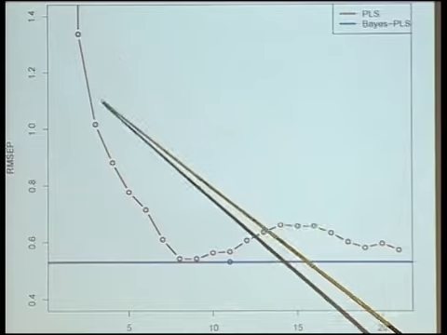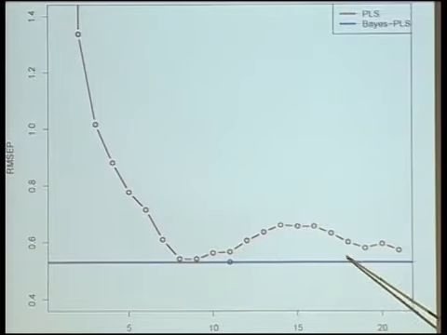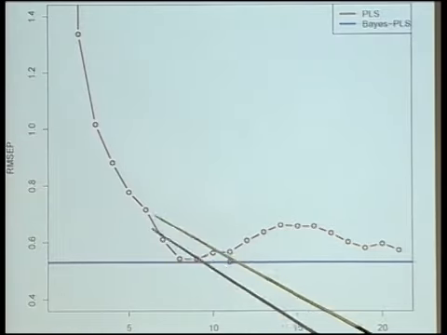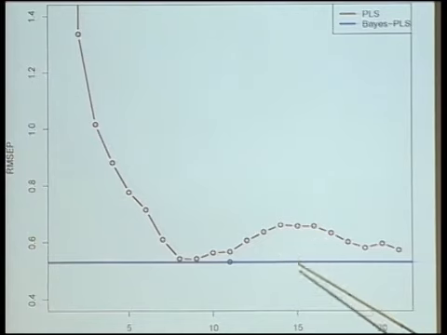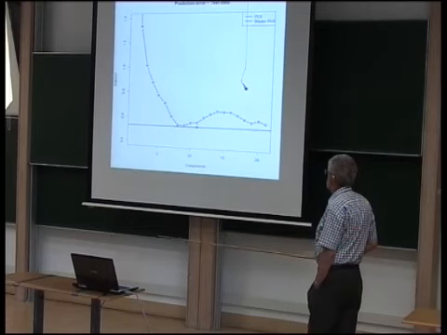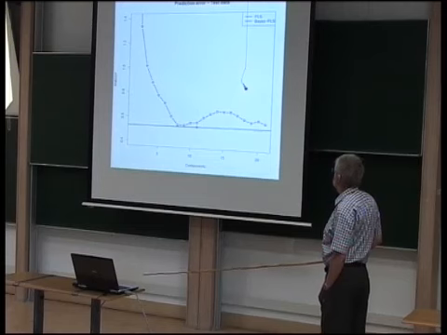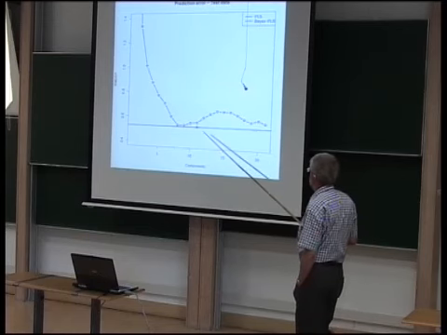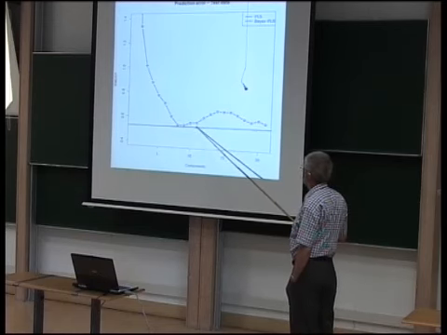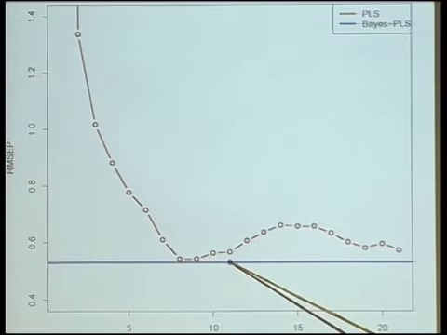Here is the ordinary PLS, and this is the prediction error on a rather large test set, so it should be fairly accurate. And what we have done in calculating the Bayes PLS is to use as a starting value a PLS with more components than we really need, from formal cross-validation first.